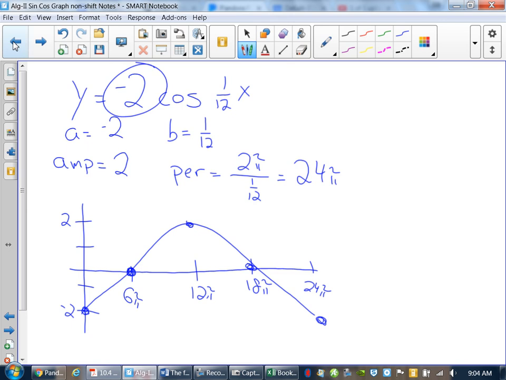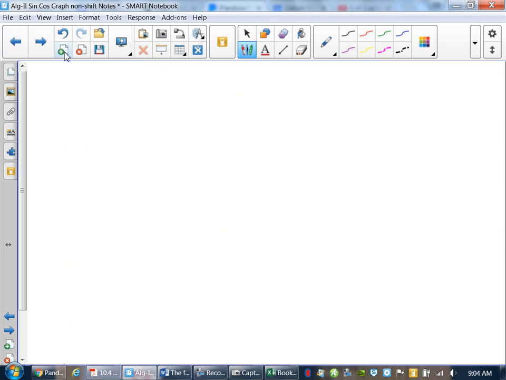Let's see. So sines and cosines. Okay. So this is in 14.2. Oh, I'm sorry, 14.1.